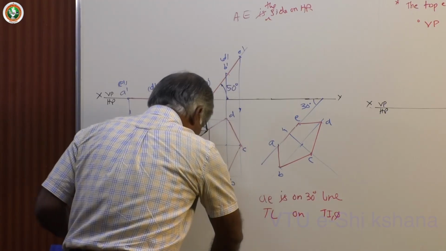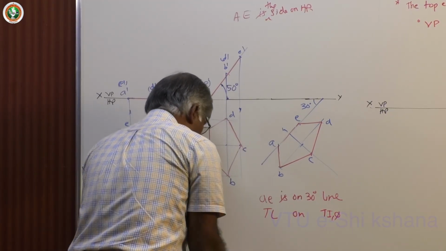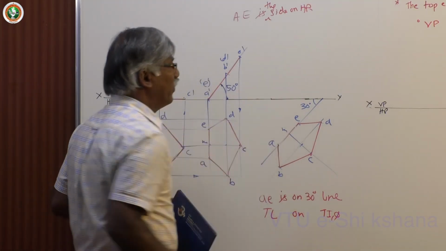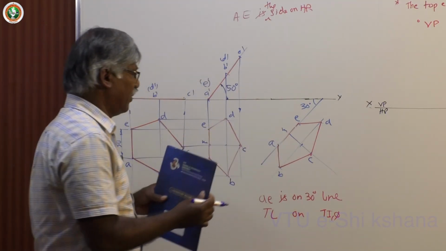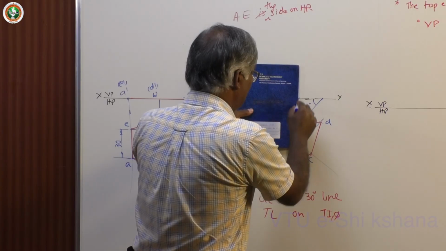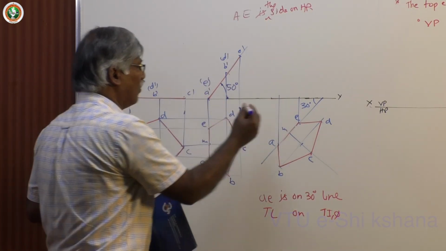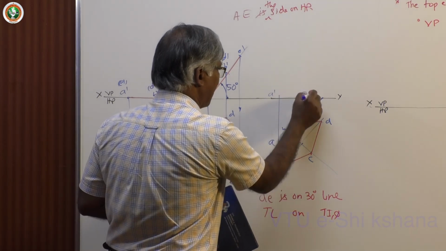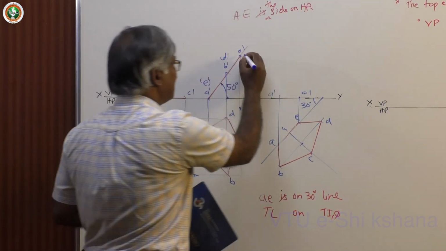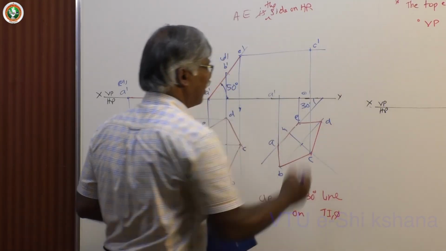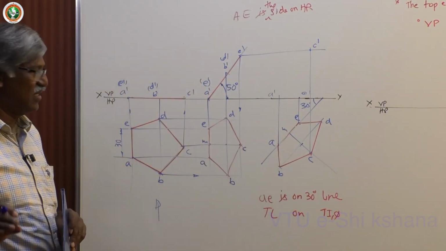Now project these points onto the final front view. How to get the final front view? This is EA on XY line only because AE on ground, A dash, E dash. Topmost point is C. Draw this, project it. You know how to work in computer. Alignment indicator is there, very easy.